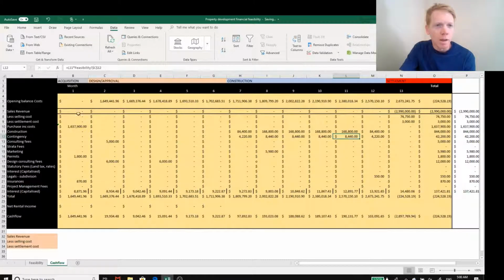So your first item in month one, you purchase the property, might already have to pay up for the permits, pay the insurances up front, and you're going to get that monthly interest charge. Now this interest charge is actually being capitalized into this project. So we go through a full 6 months until we can start construction.